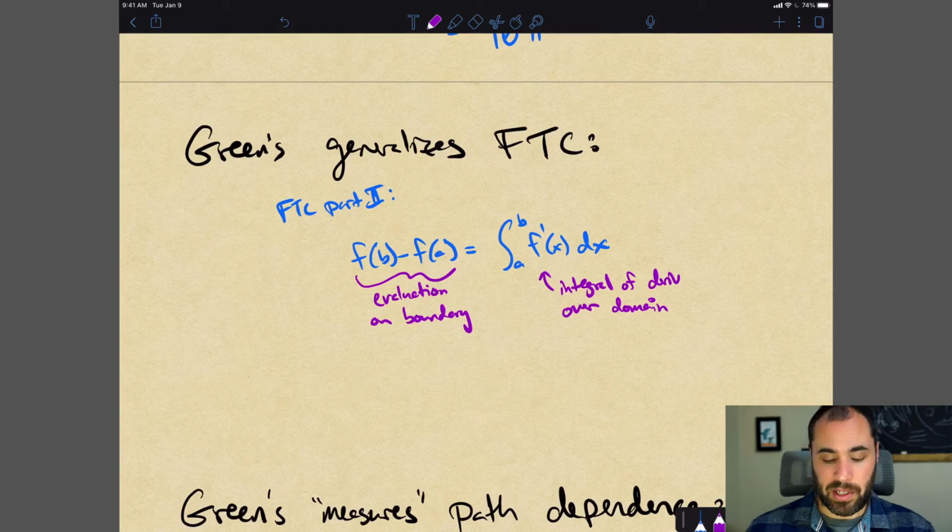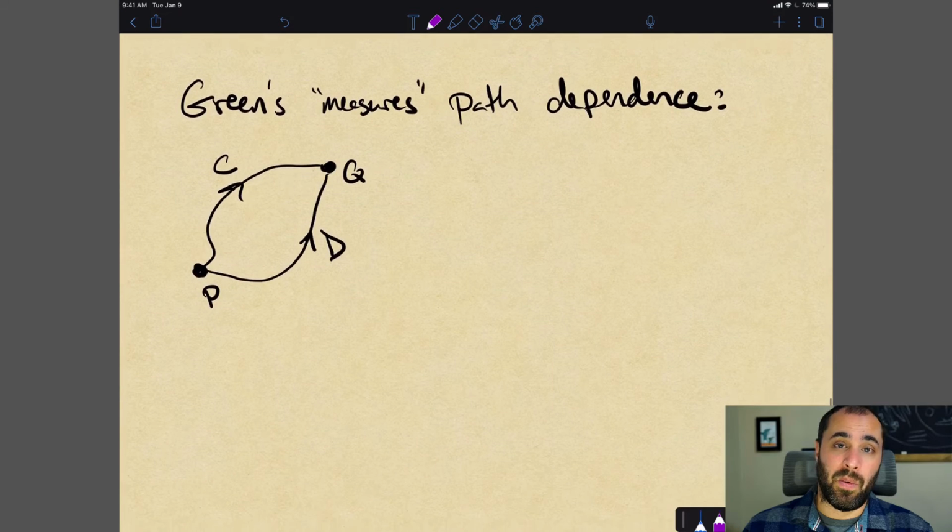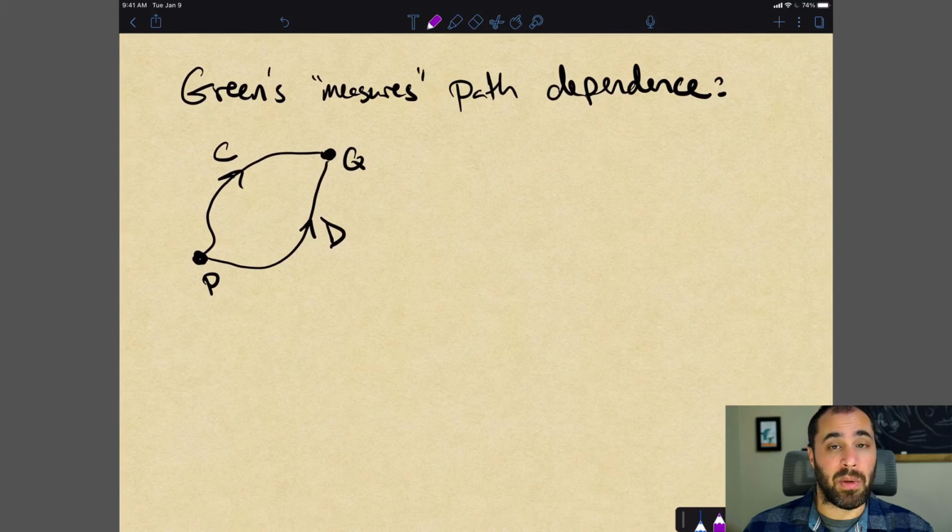And then one last application or observation is that Green's theorem shows us how the scalar curl sort of measures path dependence. So we know what it means for a vector field to be path independent, but we could ask, if that fails, how badly, how path dependent is it?